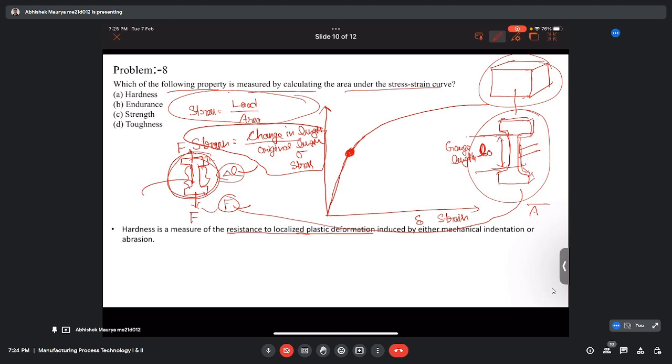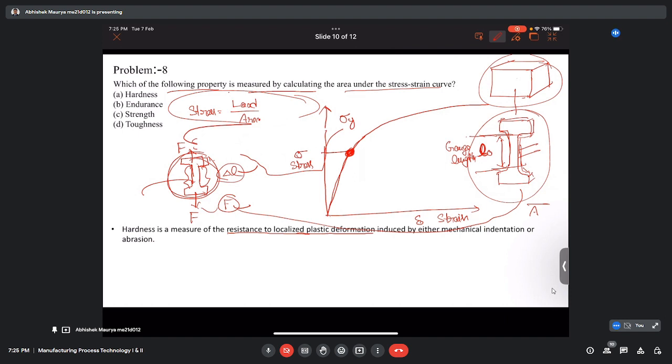Elastically means the material will regain its shape if we stop loading. And the stress corresponding to this will be the yield stress or sigma y.